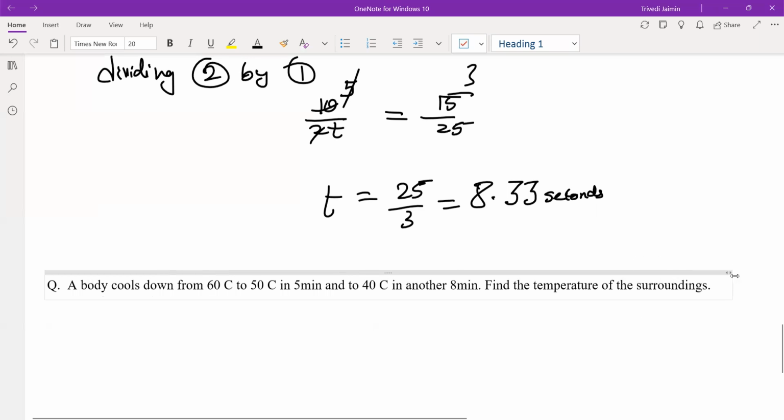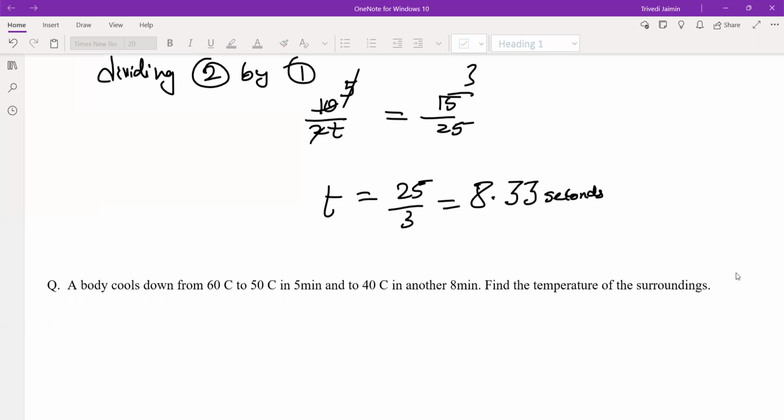Sir, in this previous question, 10 by t by 2 is 20 by t, no? How did you get 10 by 2t? I think I did something wrong here.